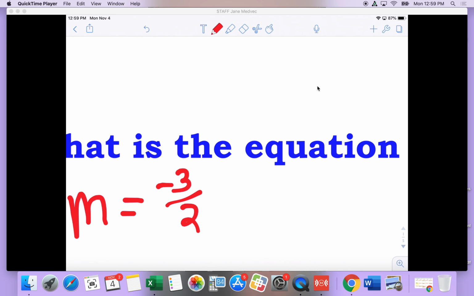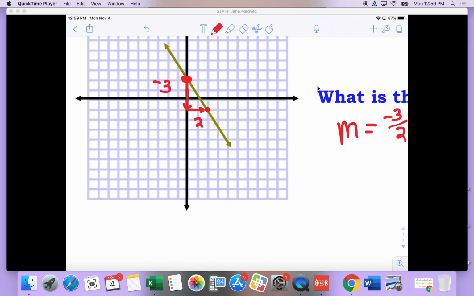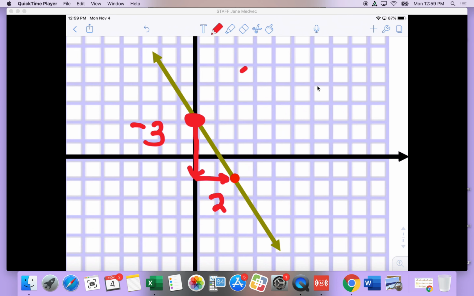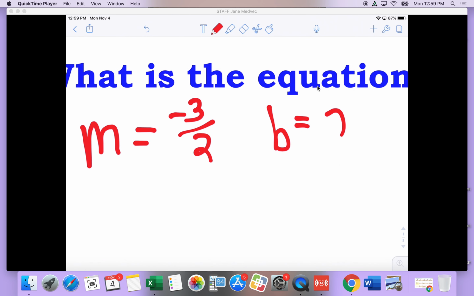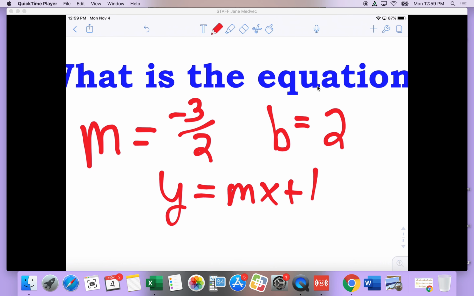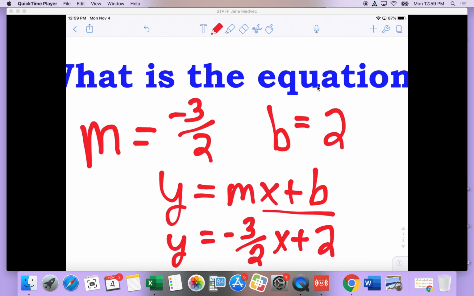Okay. And then let's take a look at my b. B again is my y-intercept. What is my y-intercept? It's 2. Yeah, so it's (0, 2). And so this is going to end up being a 2. So y equals mx plus b. Y equals -3/2x plus 2.